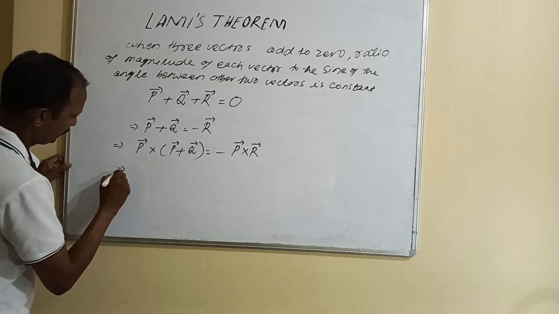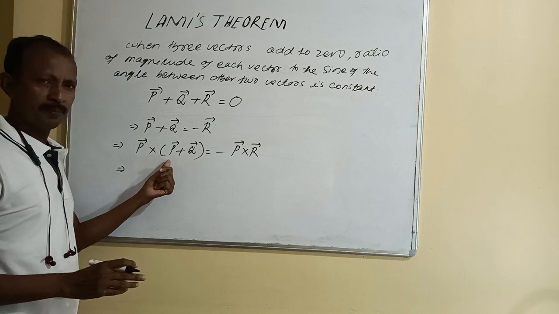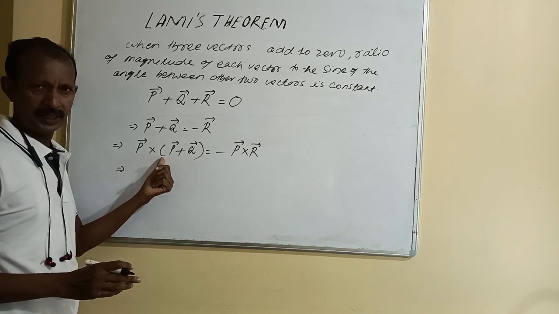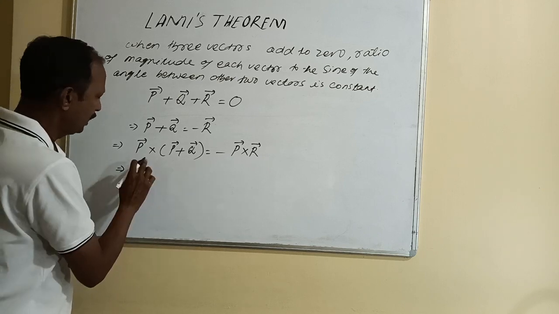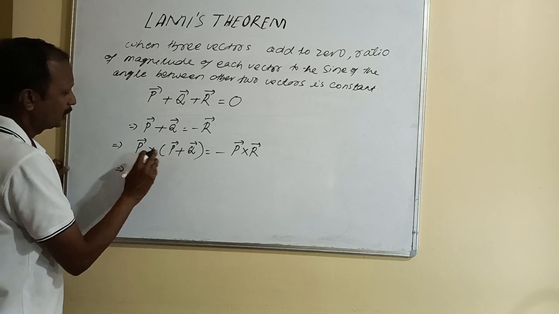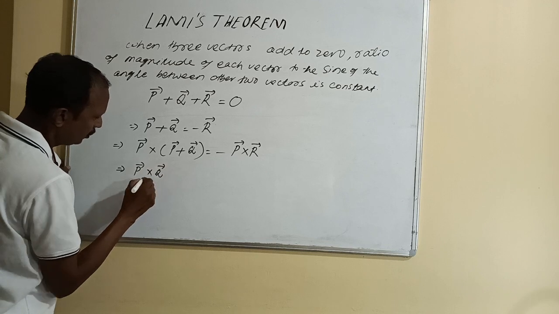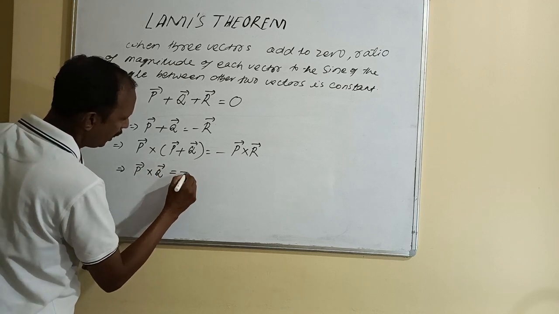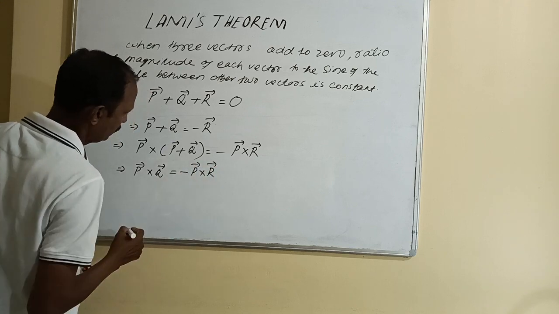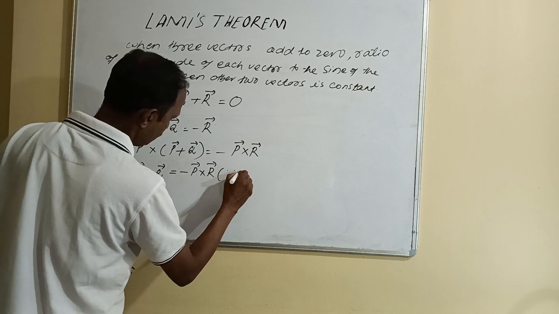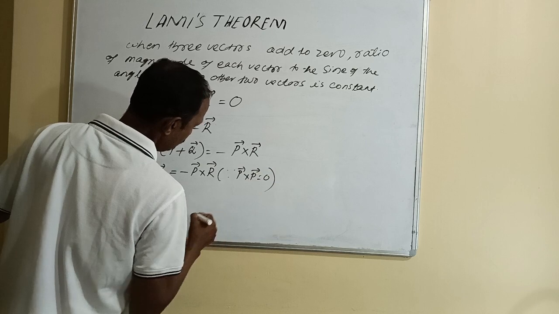So it implies that you know P cross P, both are parallel vectors, both are the same vectors. Here sin theta means sin 0 degree. This product will be equal to 0. So I can write here P cross Q is equal to minus P cross R, since P cross P is equal to 0.